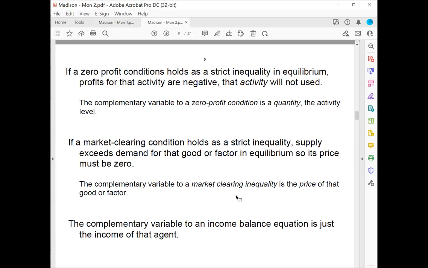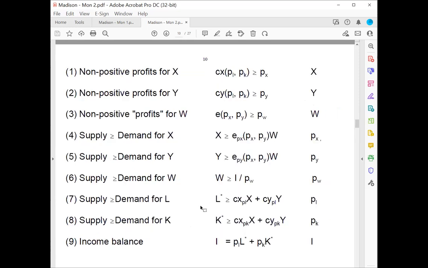That's really more a definitional equation in the model. So this is now the conversion of a set of technical relations into an economic model. There are 3 zero profit inequalities, that unit cost is greater than or equal to price, for 3 variables, X, Y, and W, and then 5 market clearing inequalities, which have the complementary variable of the prices, and then the income balance equation.